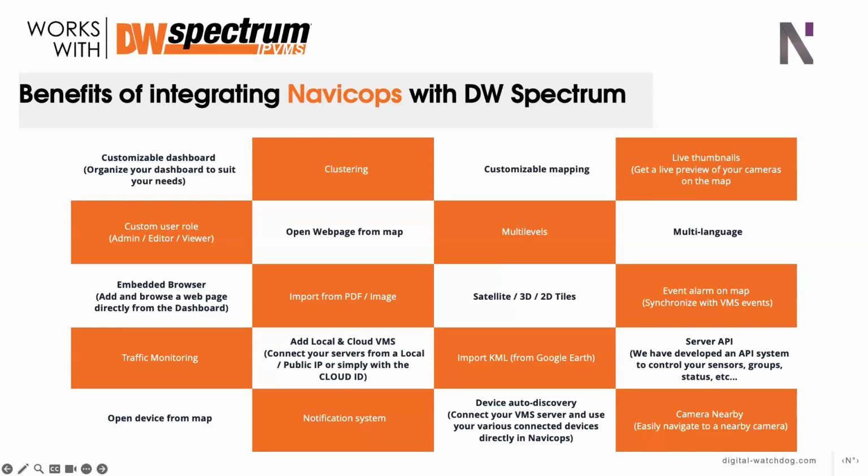You can import KML. We are also working on DWG and DXF files from AutoCAD, but it's on our roadmap. We have a custom REST API that allows you to control your sensors, groups, and triggers inside Navicops. We will see that later. I think that's pretty much the main features of Navicops, and there is plenty more that we are working on in the roadmap.